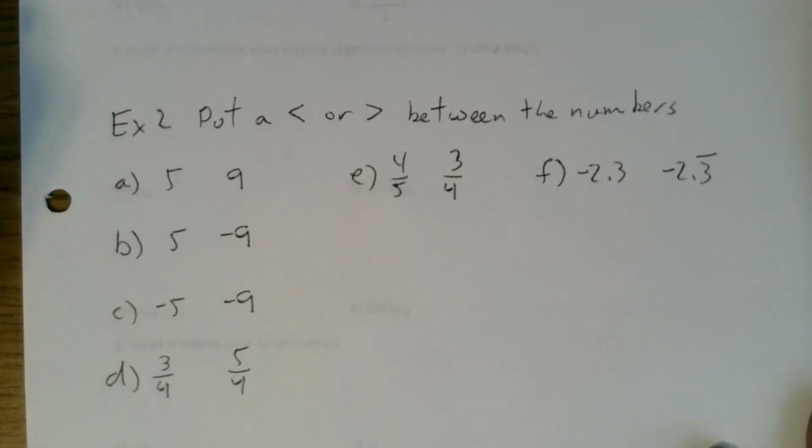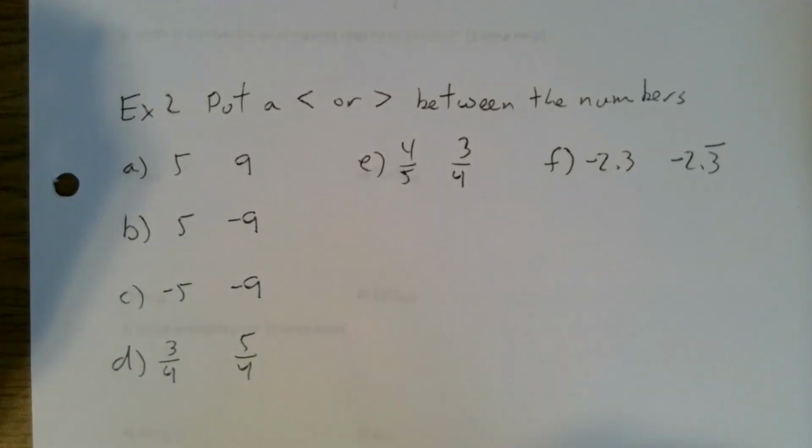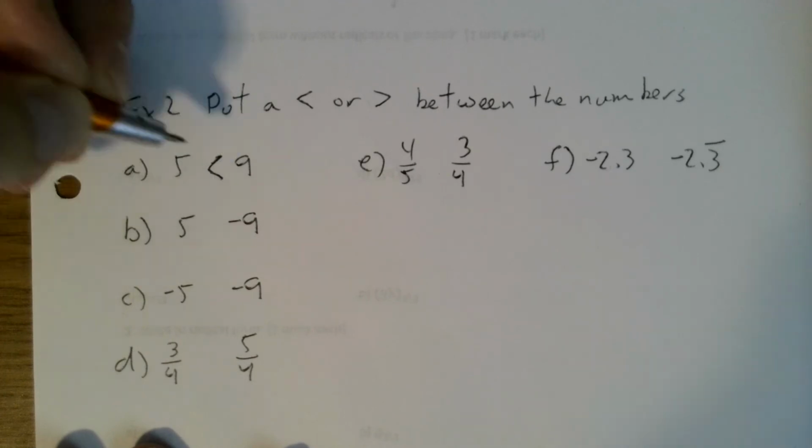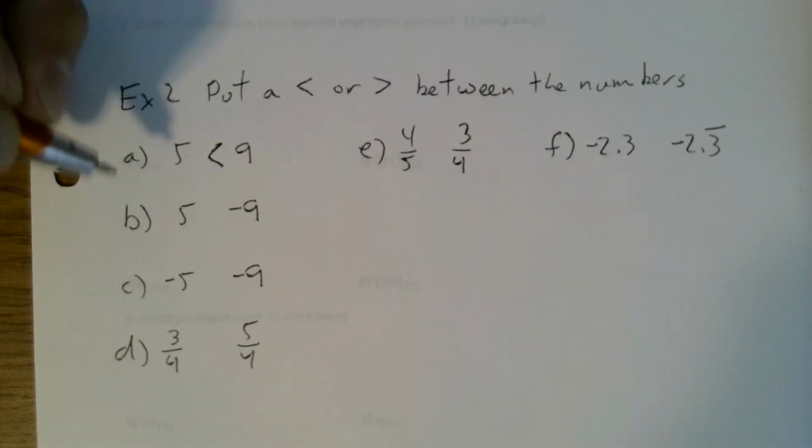The greater than, less than signs, the inequalities, the Pac-Mans, the birds, the alligators. And you guys hopefully remember from grade 2 or whenever you learned this, the greedy bird eats the greater number, or whatever you call it. Okay, so in this case we've got 5 and 9, so the greedy bird's going to want to eat the 9. Next one, 5 and -9.